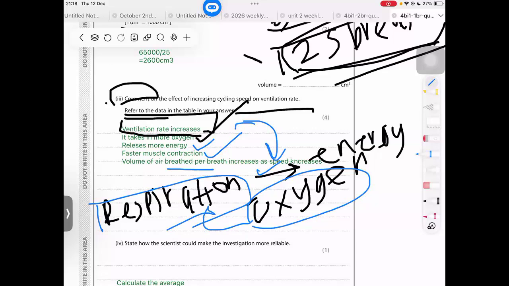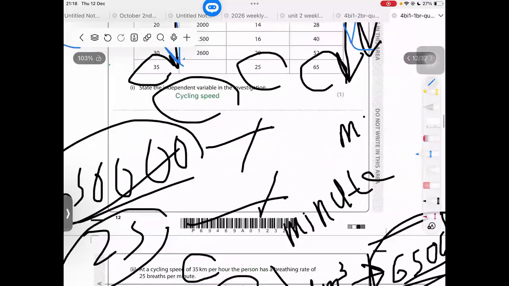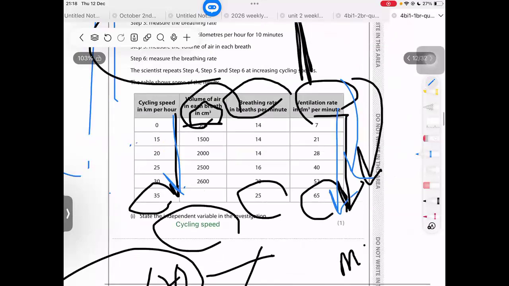First you have to mention what happens to the ventilation rate. It increases. You know that. Why does it increase? Because when cycling speed increases, our rate of aerobic respiration increases. You can mention that if you like. That means you have to write: rate of aerobic respiration increases.